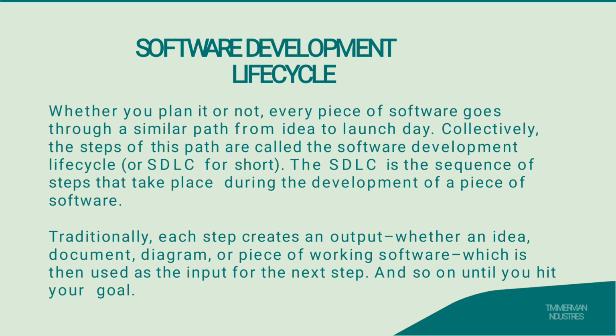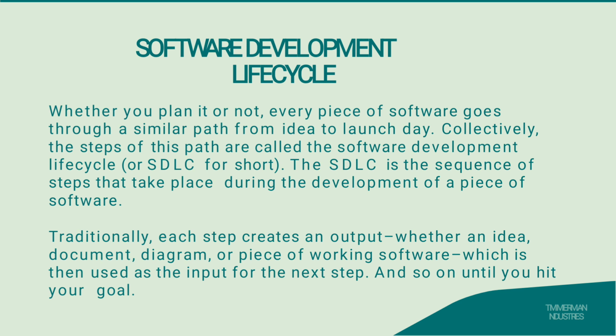Software development lifecycle. Whether you plan it or not, every piece of software goes through a similar path from idea to launch day. Collectively, the steps of this path are called the software development lifecycle, simply called SDLC for short.